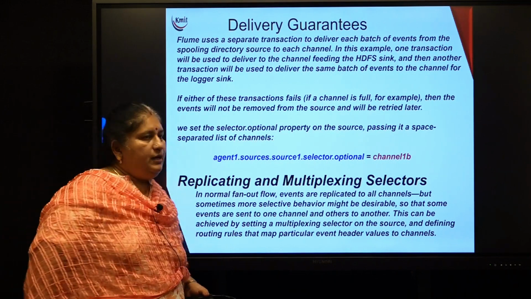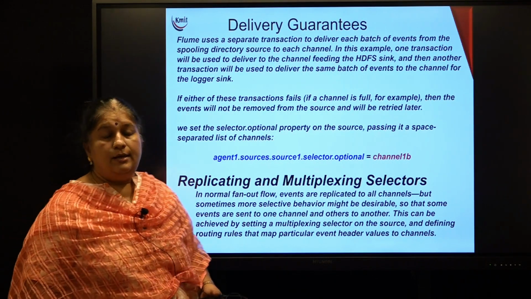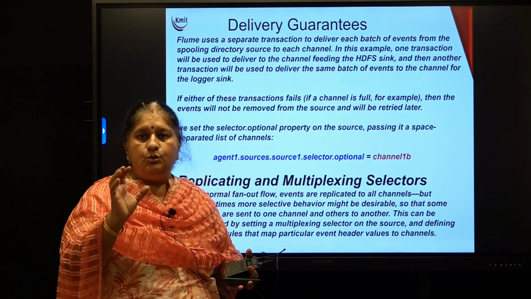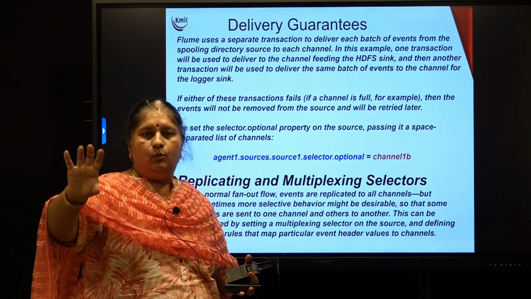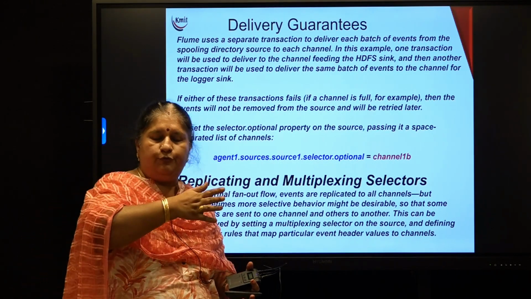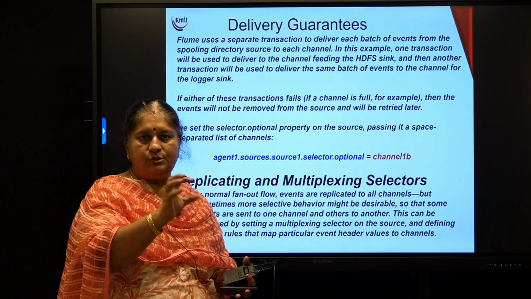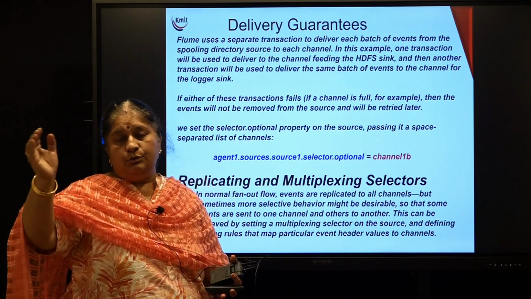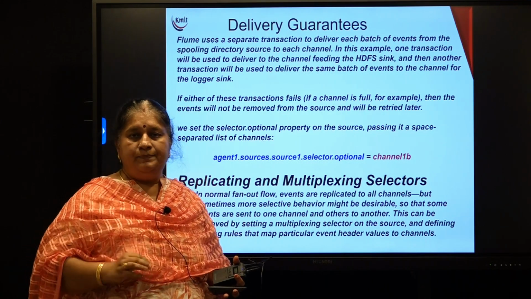And this is very important: delivery guarantees. We are trying to transfer whatever events have happened from a source to a sink via a channel. From the source the events are forwarded to a channel, and the channel puts them onto the sink.